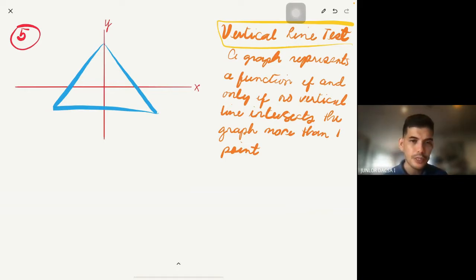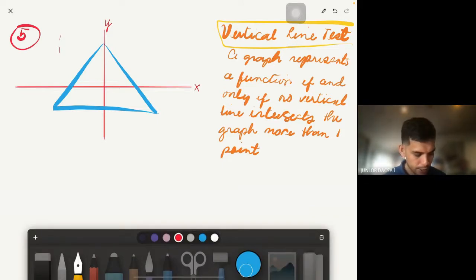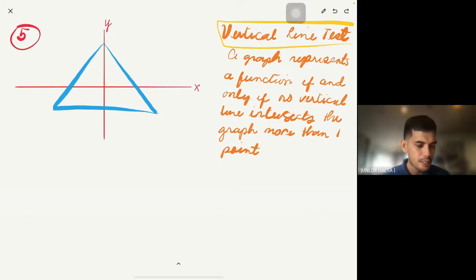Okay? Pero in this example, kuha tayo ng imaginary line. Sabihin natin yan yung pencil test natin. So kung dito natin siya itatapat, nag-pass through sa exactly 1 point.